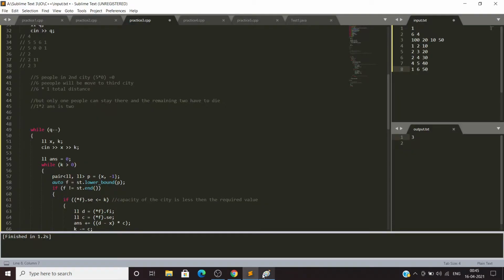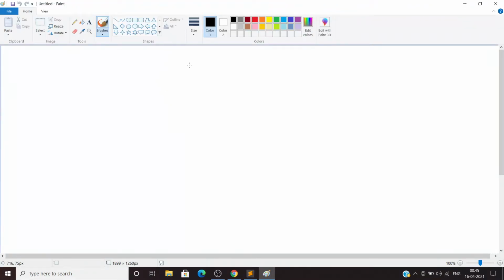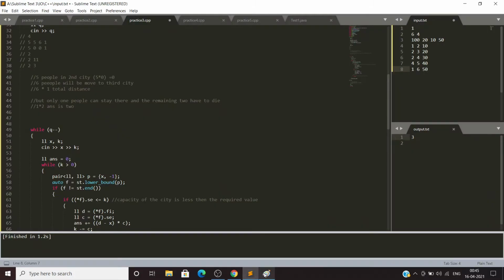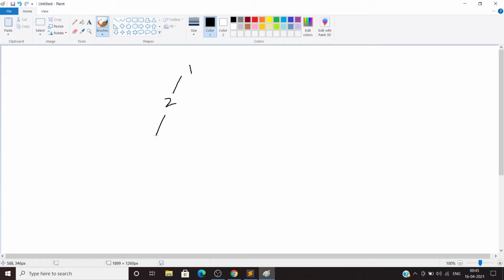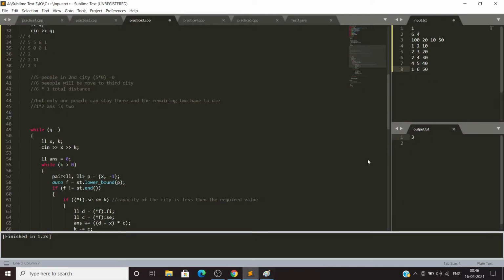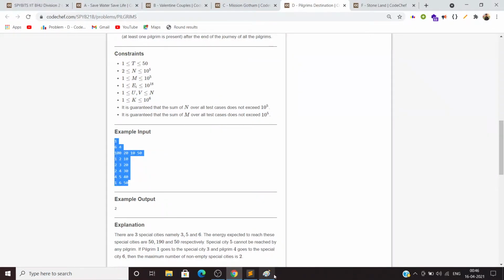We are given input: 1 and 2 with length 10, 2 and 3 with length 20. Here length means the distance between the two cities. 2 and 4 is 30.